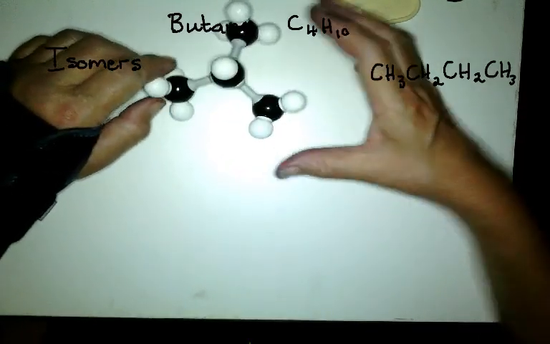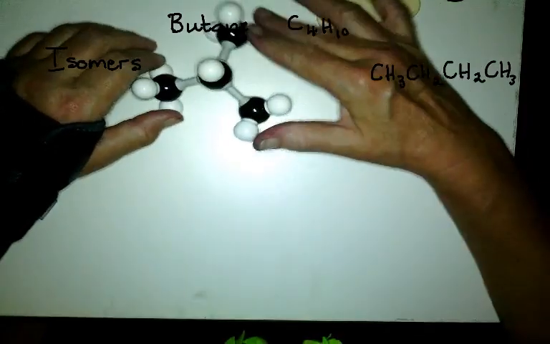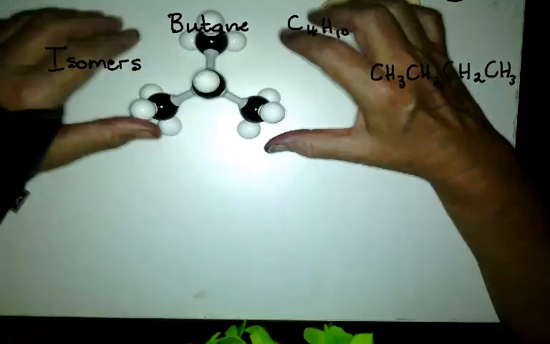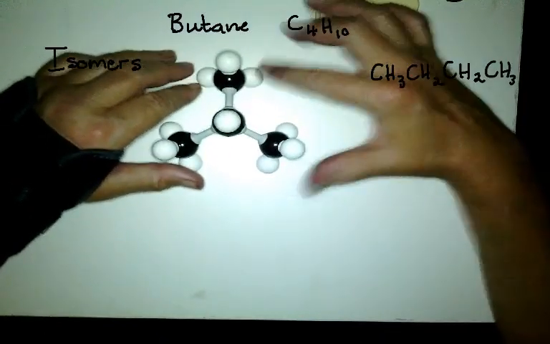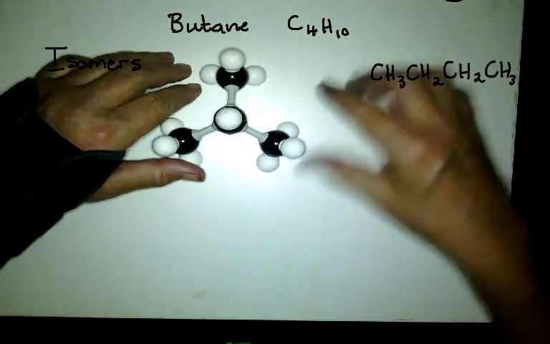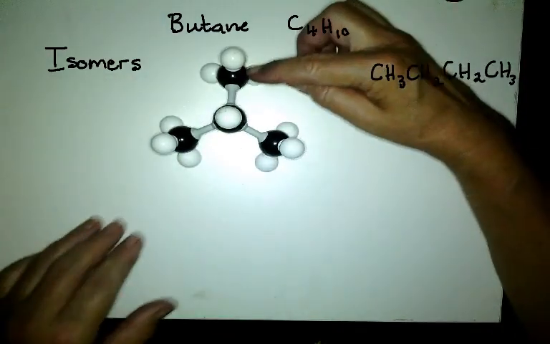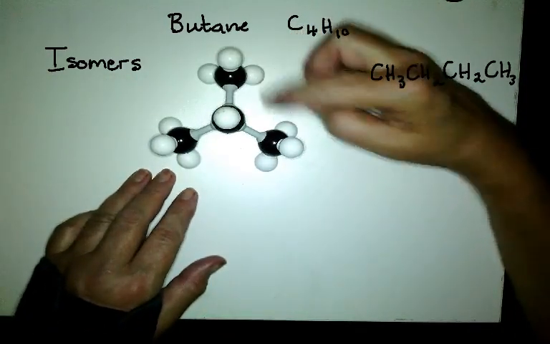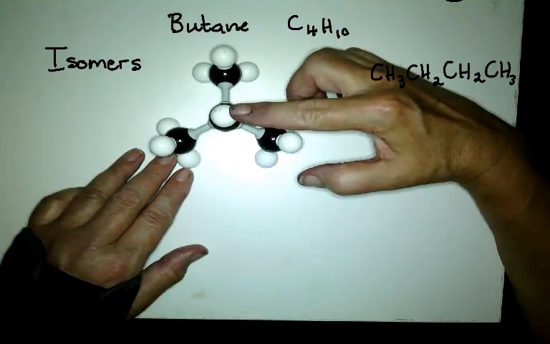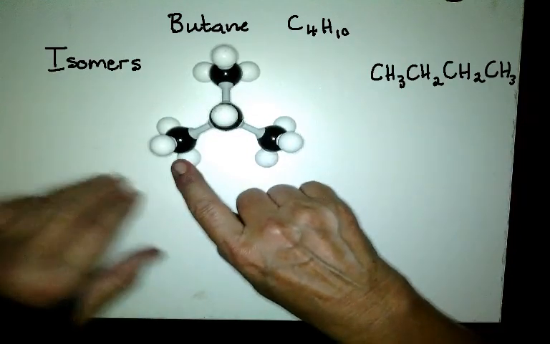Now it doesn't matter how I look at this molecule. I can turn it in different directions, look at it from different angles. It still has 4 carbons and 10 hydrogens to it. This carbon has 3 hydrogens, this carbon has 3 hydrogens, that carbon's got 1 hydrogen, and this carbon's got 3 hydrogens.